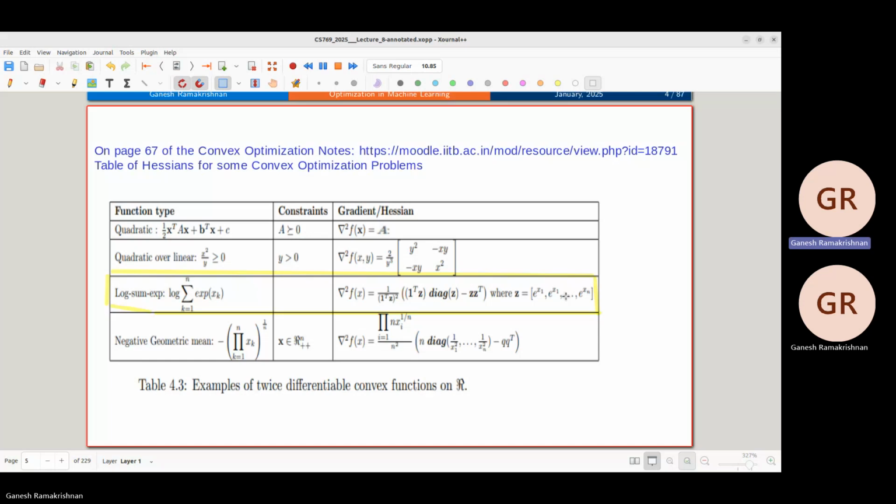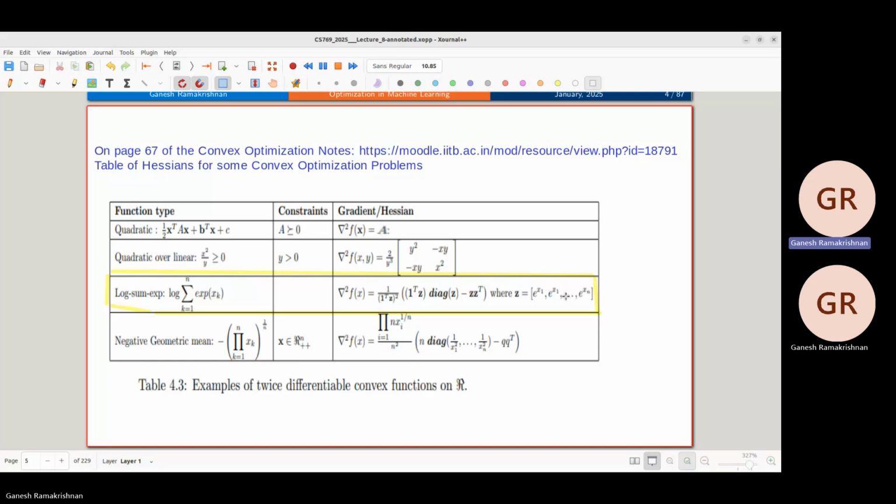Then there is another term, minus, so there are going to be off-diagonal elements. There are non-zero off-diagonal elements, and that is because of this zz transpose.